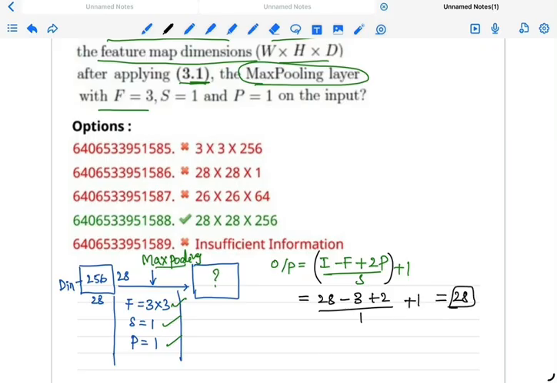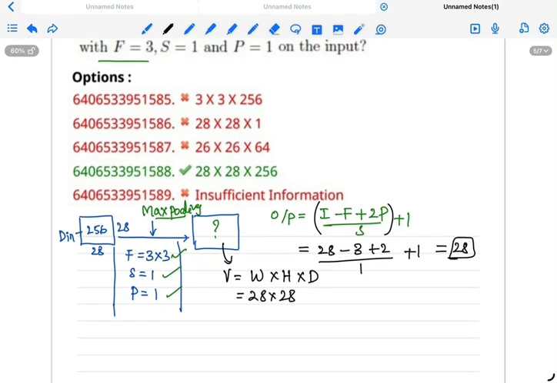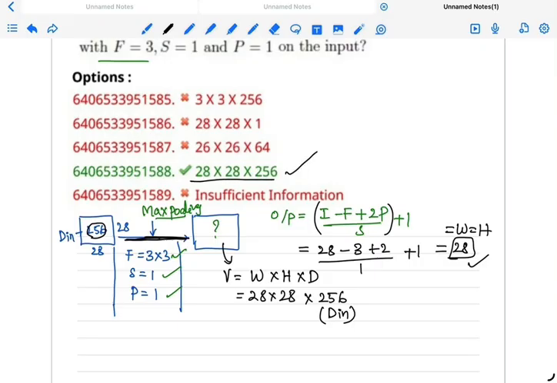So the feature map volume, that is W, H and D, is 28 cross 28, that is height and width are the same, square matrices, and the depth up to this layer is the same, that is the input depth 256, D equals D in. W equals H, all our values are the same. So for this question the answer is this one, the correct answer.